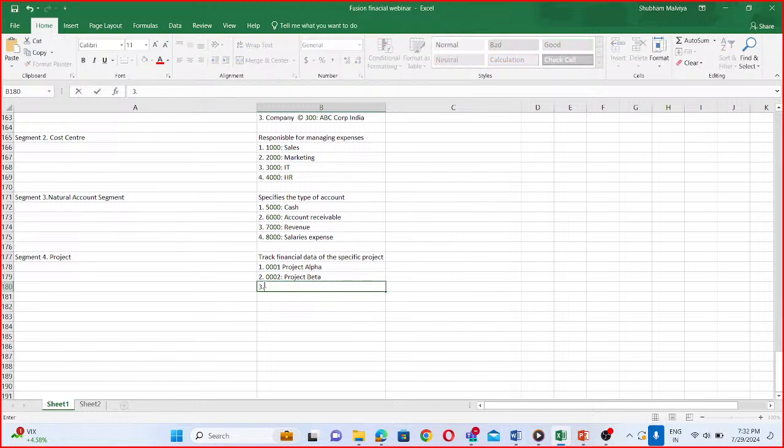We have project 3, project Gamma. So the project segment tracks the financial data of the specific project. Let's say we have three projects in the company.